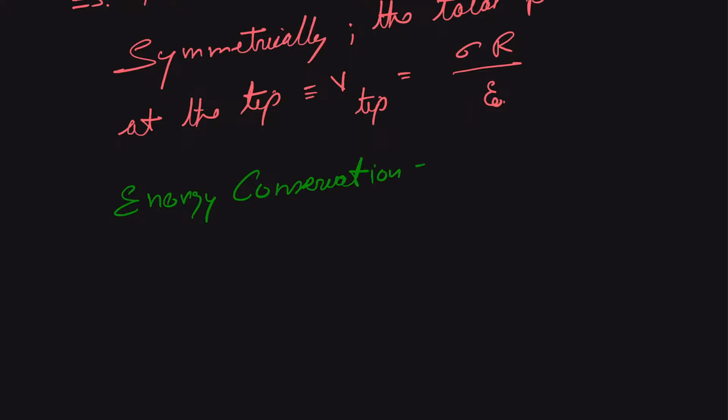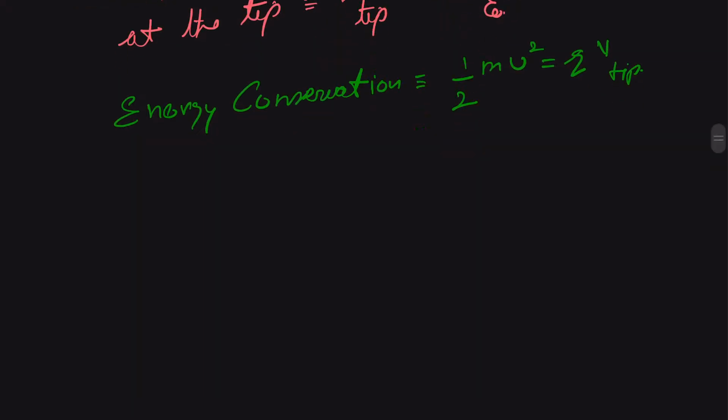Energy conservation gives us half m v square will be equal to charge multiplied by the potential at the tip, and we substitute it, we get half m v square will be equal to q multiplied by our density multiplied by r upon epsilon naught.